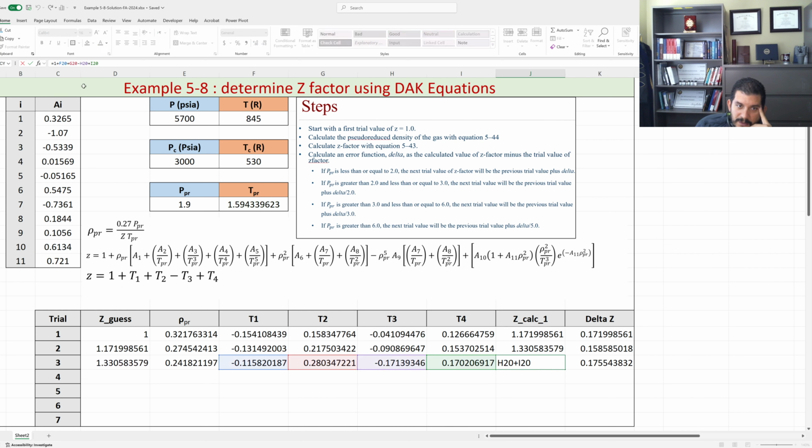Calculation is 1 plus T1 plus T2 minus T3 plus T4. Perfect. All right, I want to make sure that in T3 I didn't use a negative sign. So C, yeah, it was positive. So we're good. Then the delta Z was the difference.